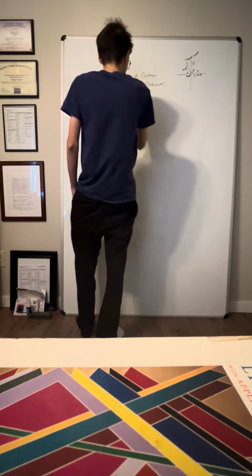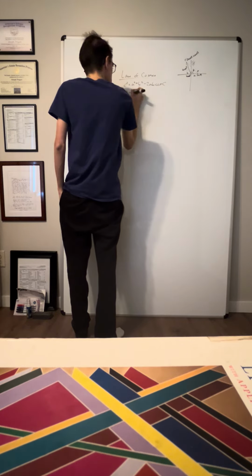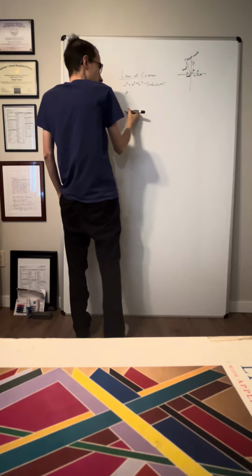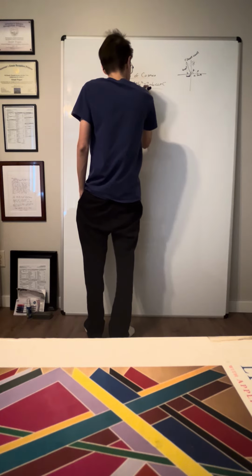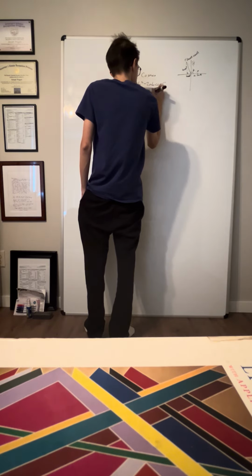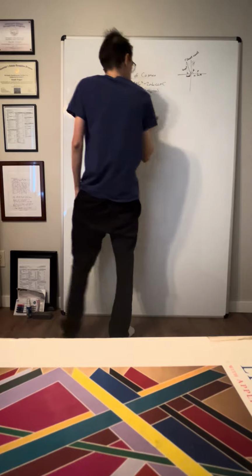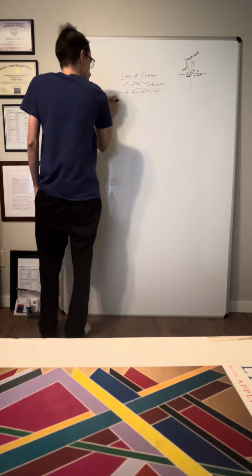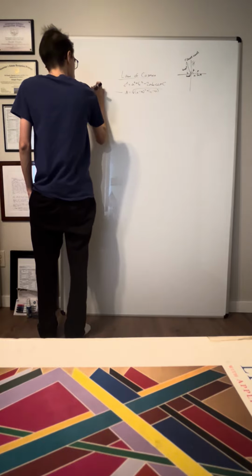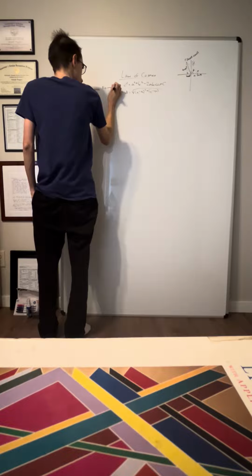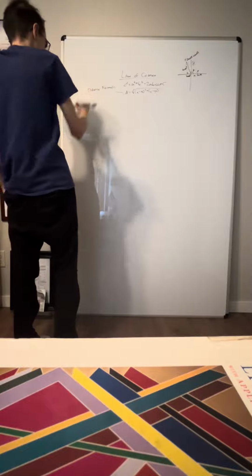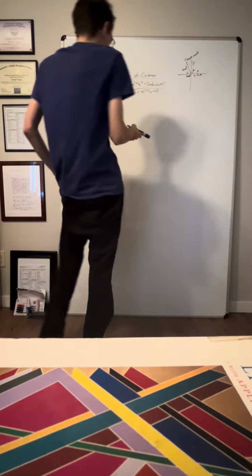let's write down what I like to call the glorified Pythagorean theorem, which is d equals the square root of x1 minus x2 squared plus y1 minus y2 squared. If you don't know what this is, you can probably find it in your textbook.